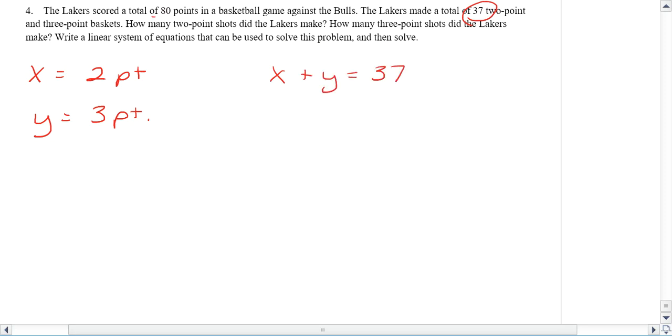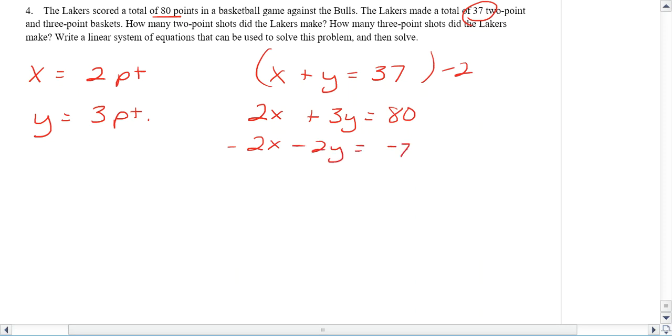And we know that 80 points were scored. Each x basket was worth 2 points. Each y basket was worth 3, and there were 80 points scored. Once again, I think you kind of got the idea that I like elimination, so I'm going to multiply this top by -2. Wow, this is going to work out really nice. That would be a negative 74.